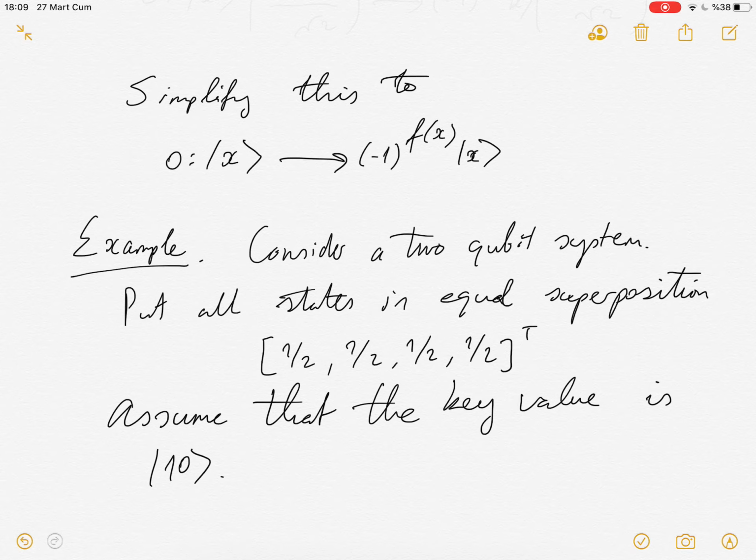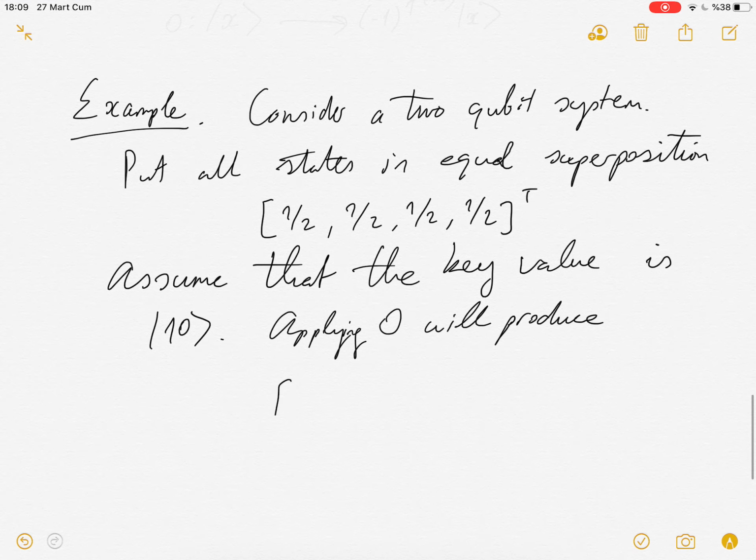After performing the phase change, if my key value is equal to the state 1, 0, then after applying the oracle, my new state will be 1/2, 1/2, minus 1/2, 1/2.